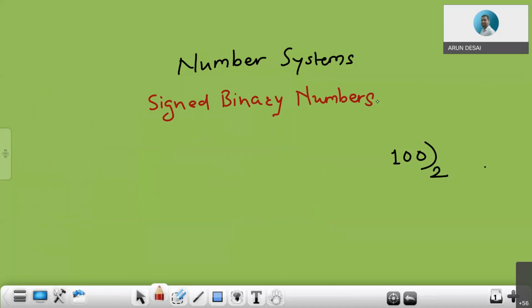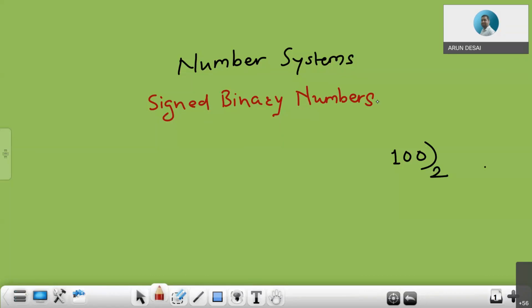Okay, signed binary numbers. Now we are going to talk about signed magnitude representation of binary numbers. Now, what is that about decimal numbers? Just tell me about decimal numbers. What are signed numbers?